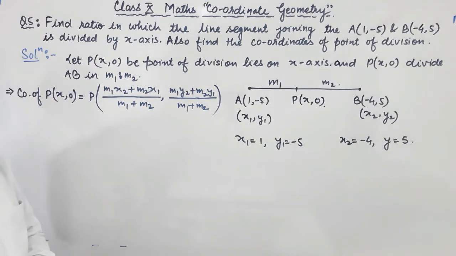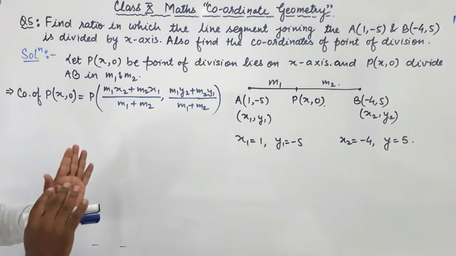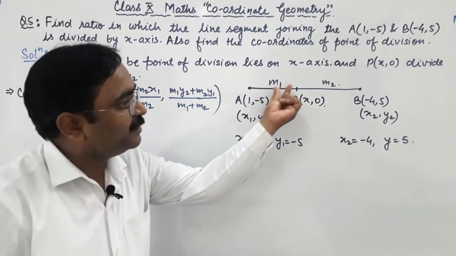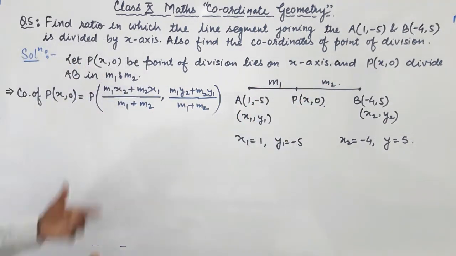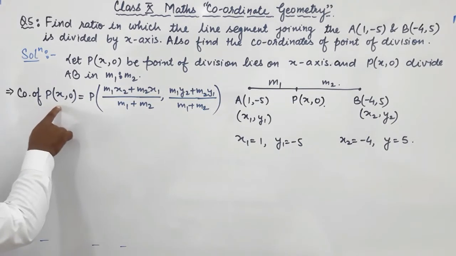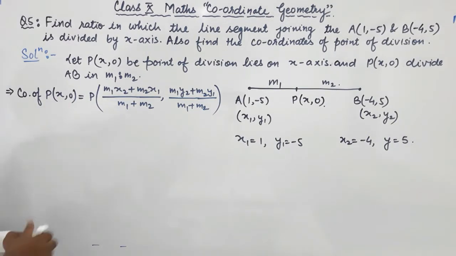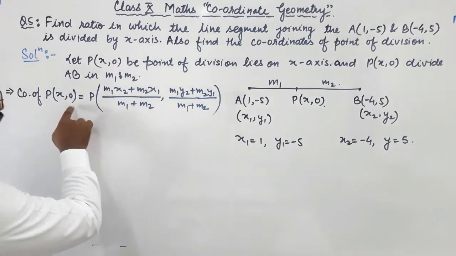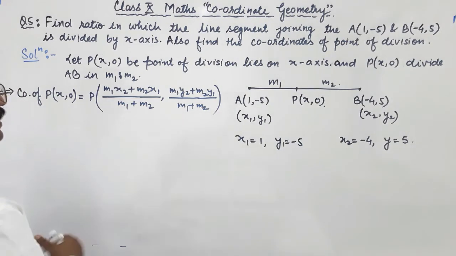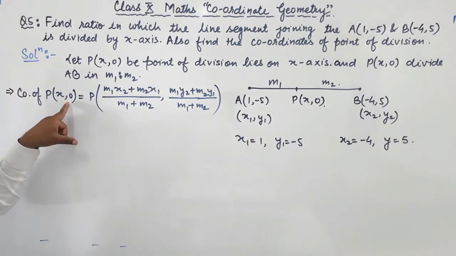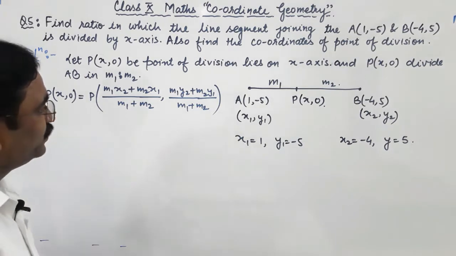Now let us substitute the values and find out the ratio M1 is to M2. Here you just see, the x coordinate is x but the y coordinate is 0. Therefore you have to take 0 equal to this y coordinate.